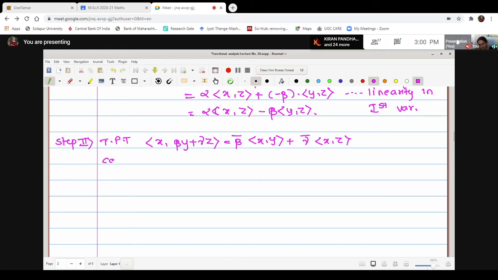Therefore let us consider the left hand side of the equality, inner product x with beta y plus gamma z. Now in order to use that linearity, the linear combination should be in the first variable. Therefore here I will use the property conjugate symmetry. Therefore I will take a conjugate and we will reverse the positions of the coordinates. Therefore this is the conjugate of inner product beta y plus gamma z along with x. Which property am I using? Third property, conjugate symmetry.